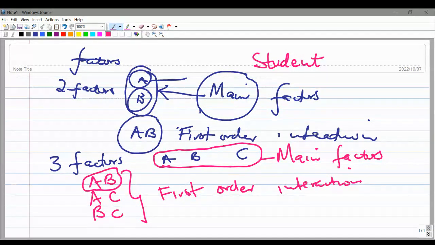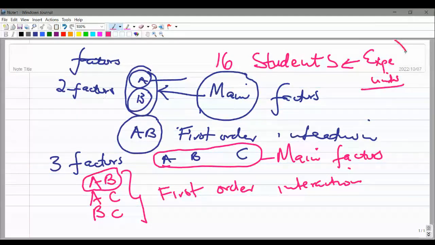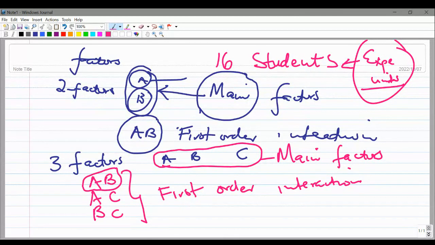So this is wrong, and again, this is wrong, because there you have to be specific. So we're having 16 students as our experimental unit.